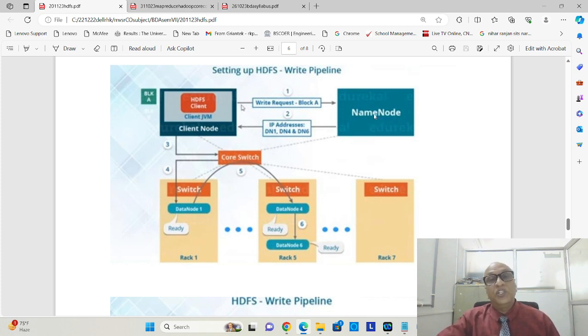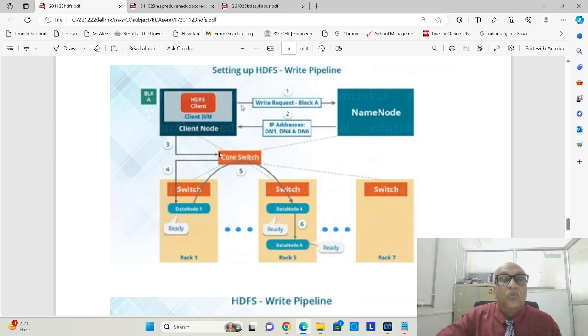And what is the name node doing? The name node is sending the IP addresses of data node 1, data node 4 and data node 6. What does it indicate? The name node is telling the client that you can write block A in data node 1, data node 4 and data node 6. What will the client node be doing?